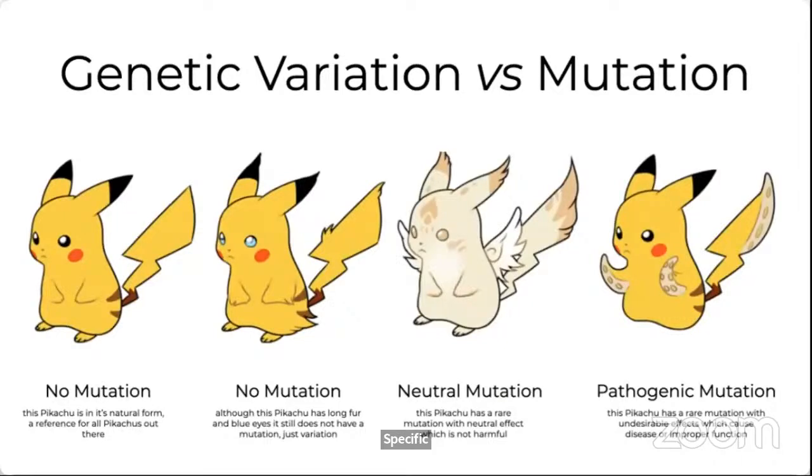Generally we call these variations, or sometimes neutral mutations. But mutation is a specific term that we reserve for associating with pathogenicity or the harmful results of the variations or variants that we find in the sequence.